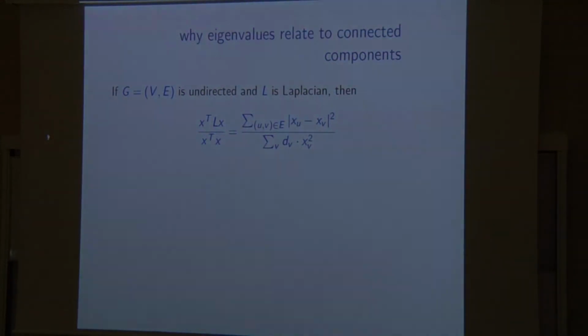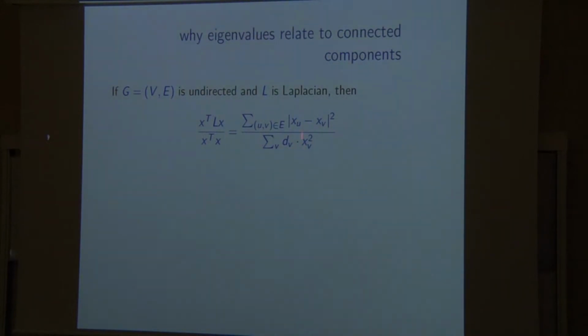So the relation to connected components is that for the specific case of the Laplacian, this ratio, okay, there is a bit of lying in this equality, although the rest of the slide is literally true. But this ratio has a very nice interpretation. If you think of an n-dimensional vector as a way of assigning a real number to every vertex, then this ratio is the variance of this quantity along edges scaled by how big those numbers are.